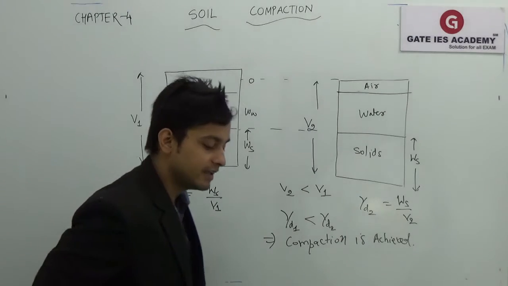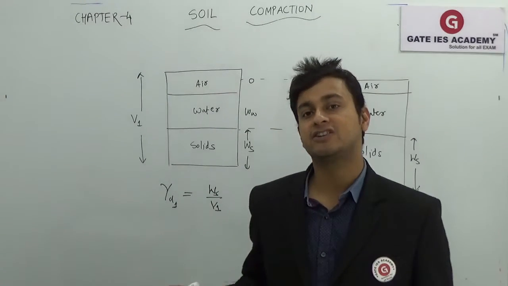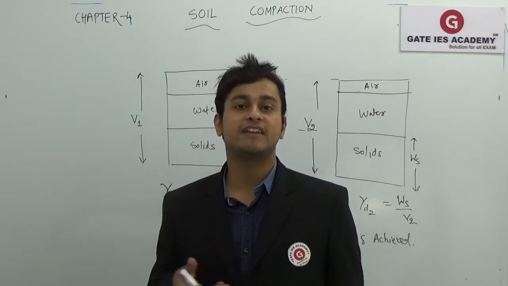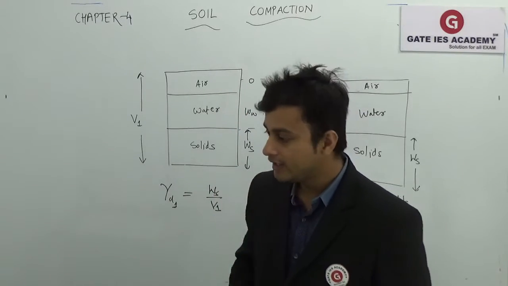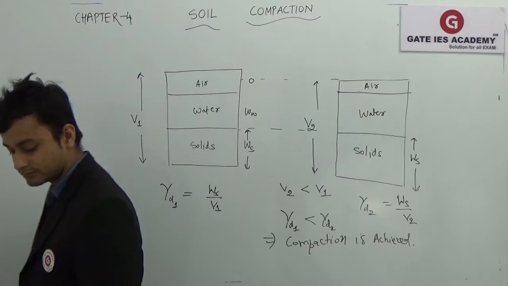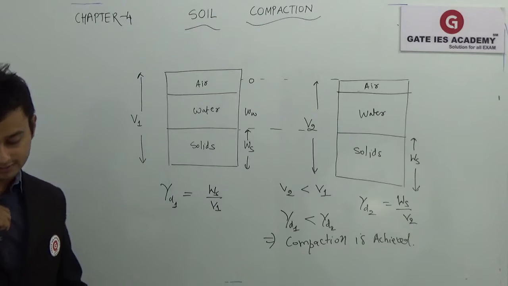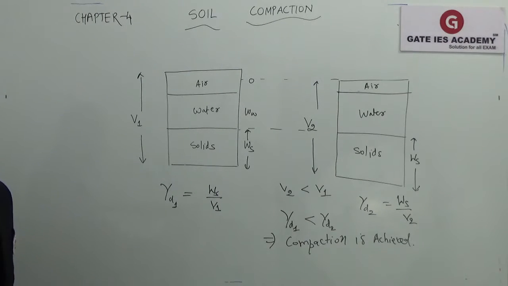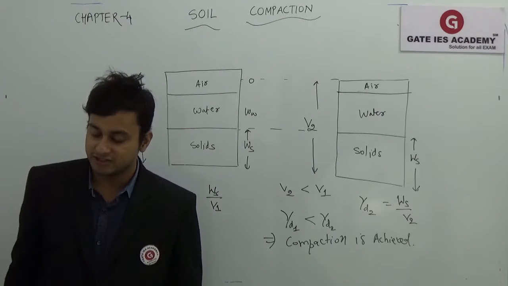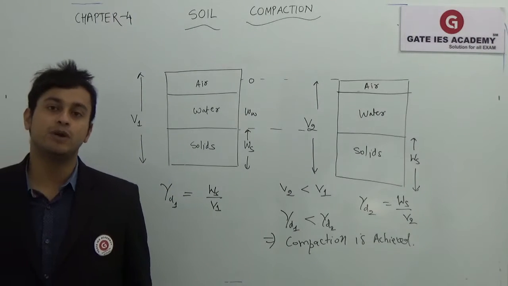Now we'll look at the basic difference between compaction and consolidation so that we don't have any confusion later on. Okay, so just write down. Compaction is quantitatively measured by the dry unit weight.